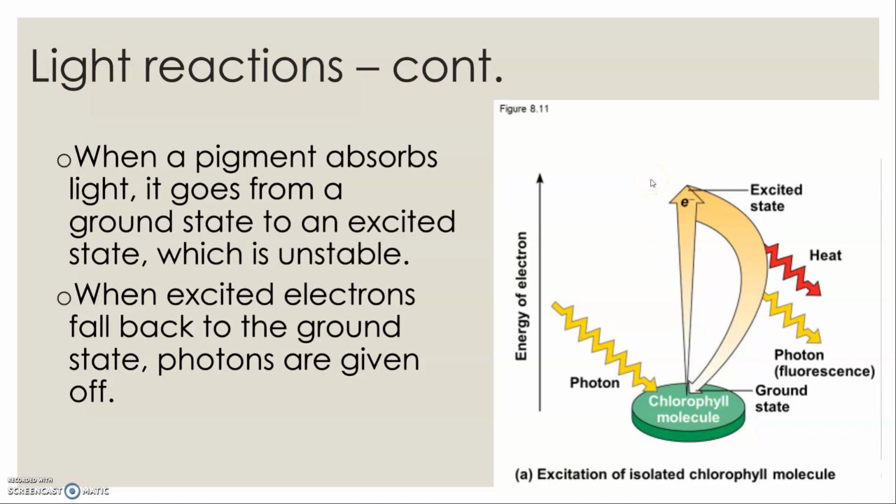Whenever it's absorbing light, it's like getting a source of energy in a way. So the state of the chlorophyll goes from ground to excited. Okay, this is what starts photosynthesis. When the excited electrons from the chlorophyll fall back, the photons are given off.